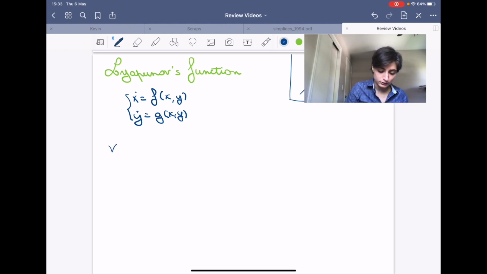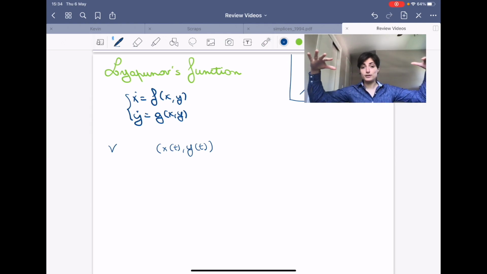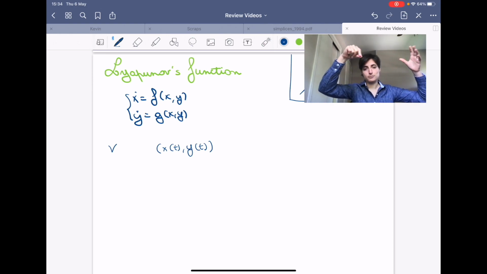And we want to find a function v such that if x(t), y(t) is a solution to our system, it goes downwards on v. So we think of v as the surface on which our mass particle is moving, and we want to find v such that our mass particle always moves downwards.